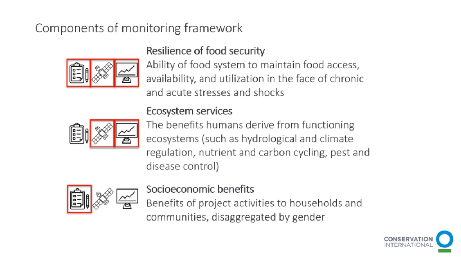When we talk about ecosystem services, surveys are going to be less useful generally, and typically Earth observation or modeling data will be most useful. And when we talk about socioeconomic benefits, survey data is really almost always a requirement. Again, this is not always true across all of the indicators, but in general, this is a general idea of how you might assess data for the indicators.